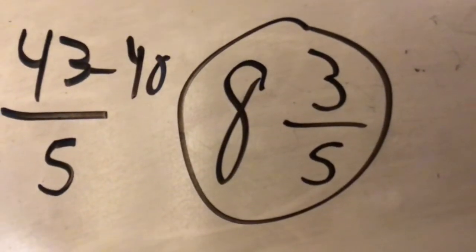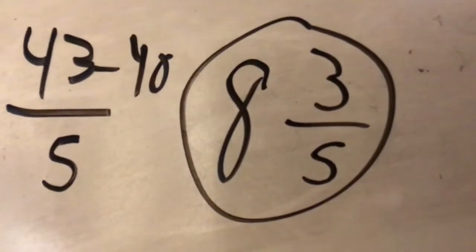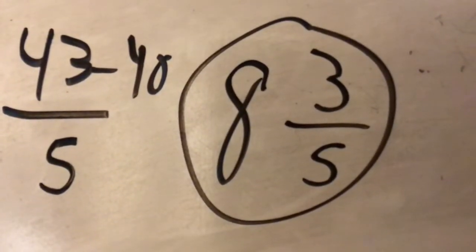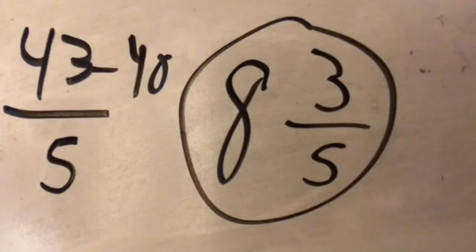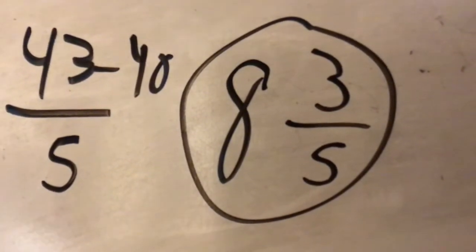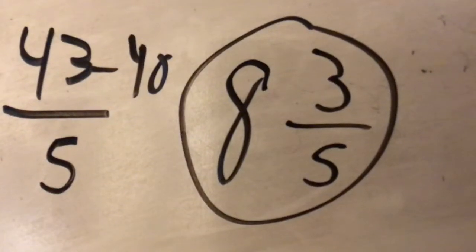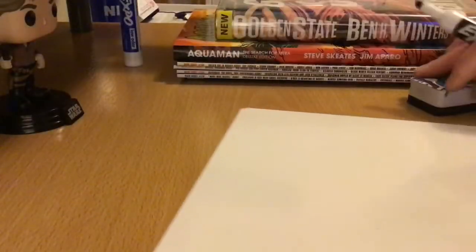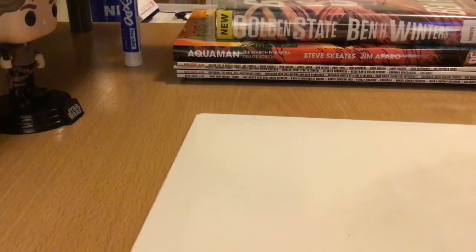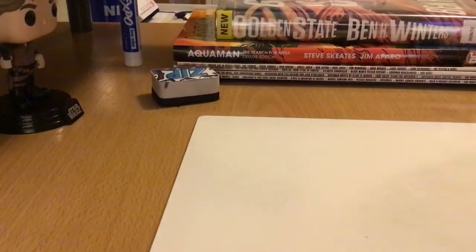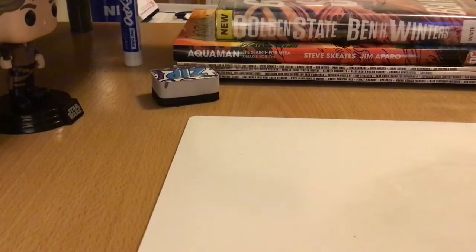Yeah? Okay. So what two operations have you noticed that we've been doing in order to convert these improper fractions into mixed numbers? Yep, that's right. We are dividing and subtracting. So do you want to take a guess as to what we're going to do now when we are going from a mixed number to an improper fraction?